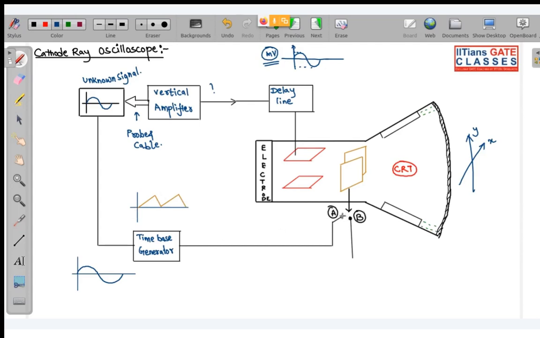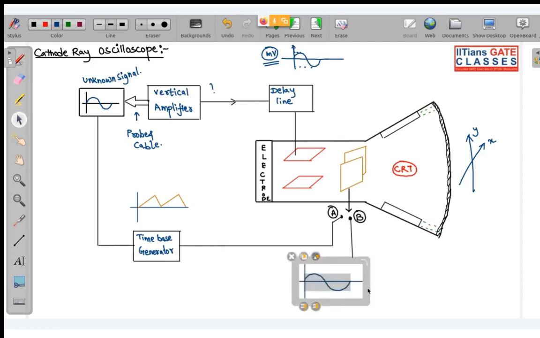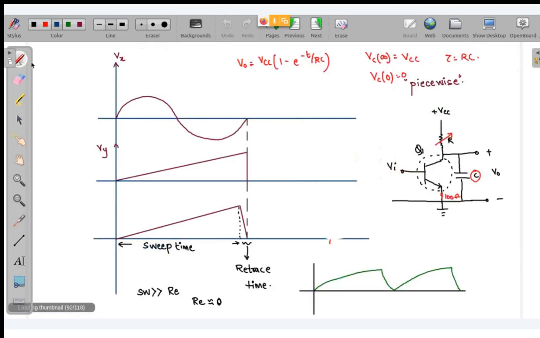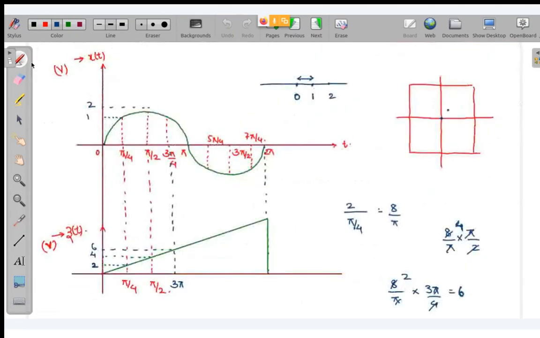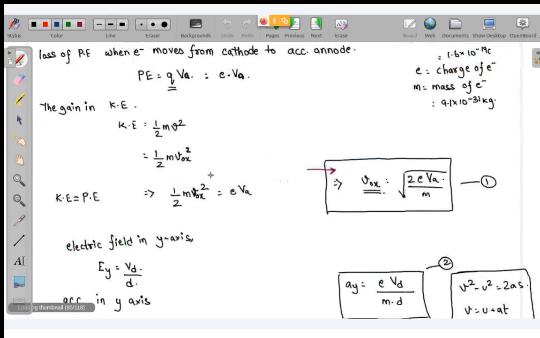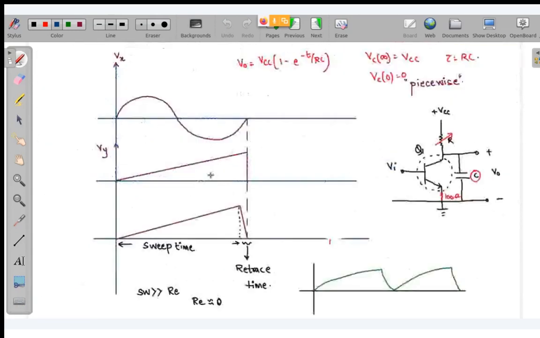Now you can see there are two switches over here, A and B. This complete CRO setup can work in two modes. Whatever we have seen up till now, displayed like this, is actually working in YT mode. Now, what is this YT mode?